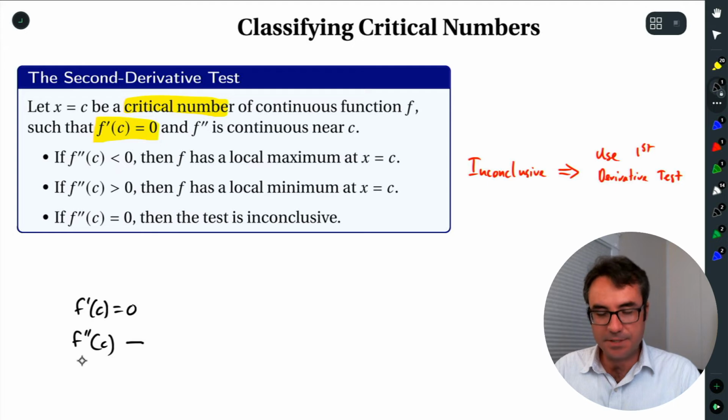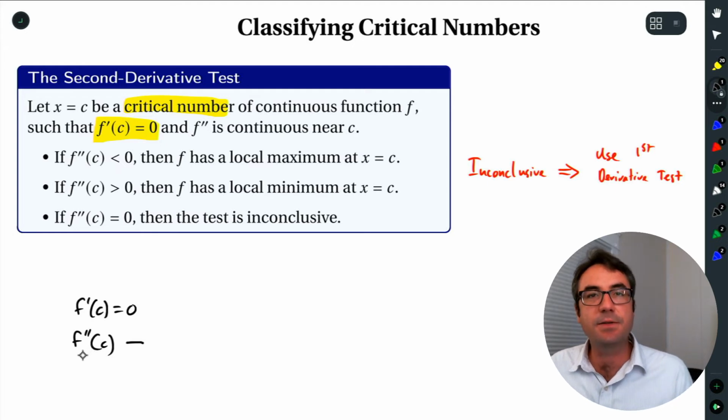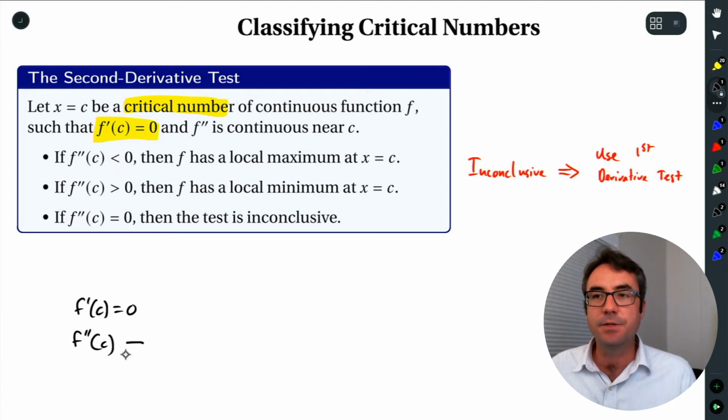Well, what do we know about second derivatives? They tell us about the shape of our graph. So if the second derivative is negative, what is the shape? It's concave down.